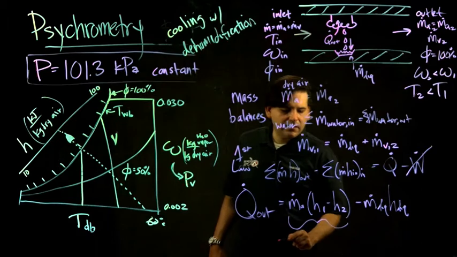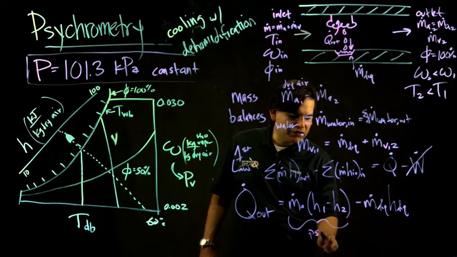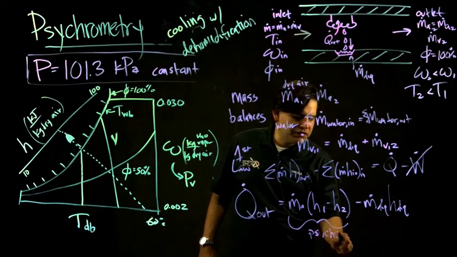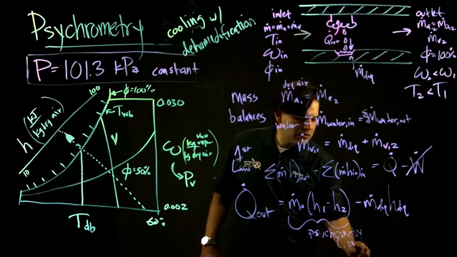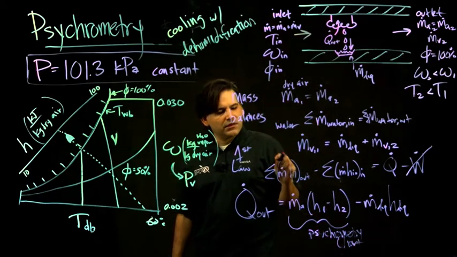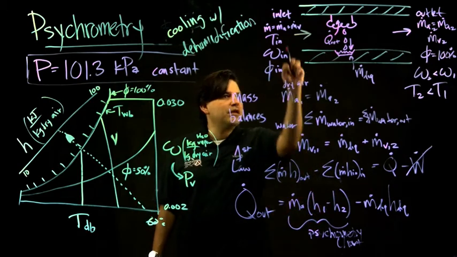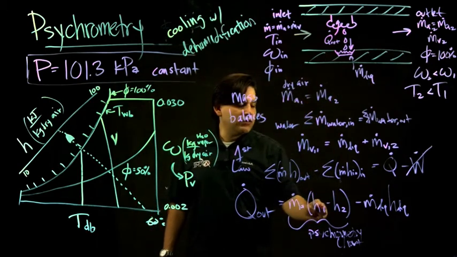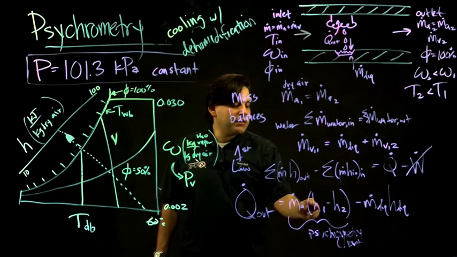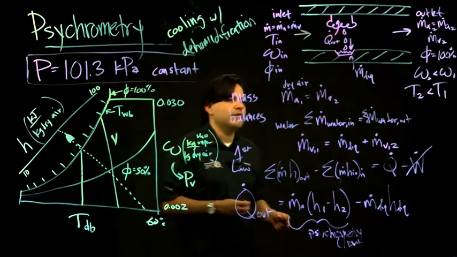What I did was put this in psychrometric chart notation, because the enthalpies that belong to state 1 and state 2 have water in them, but the chart keeps track of this per mass of dry air.